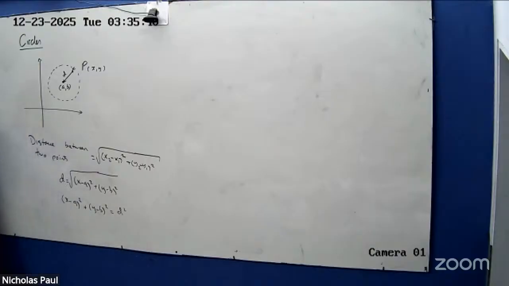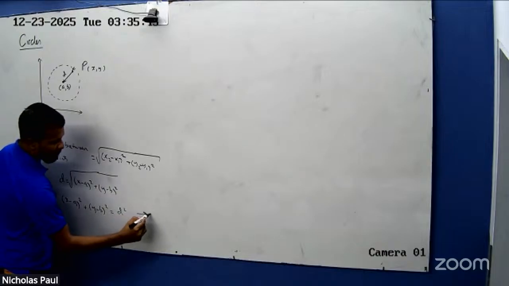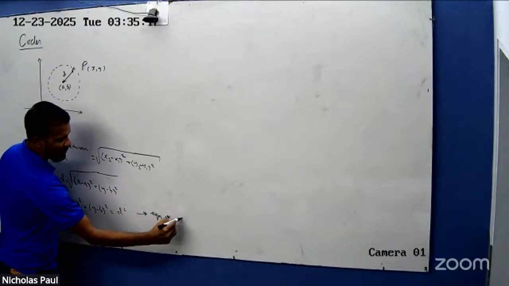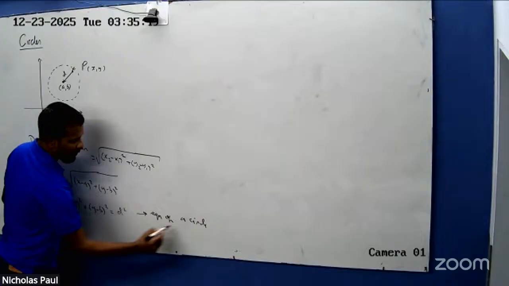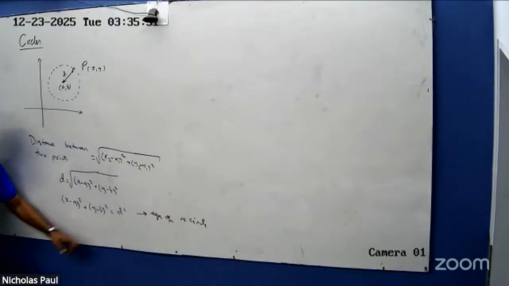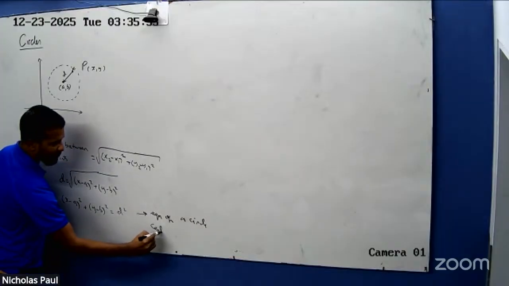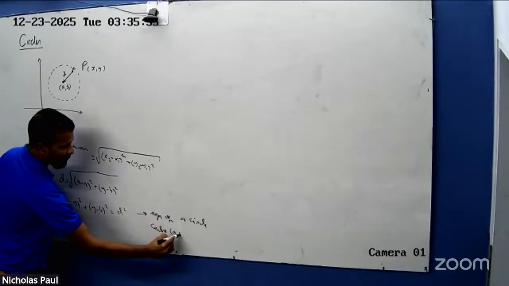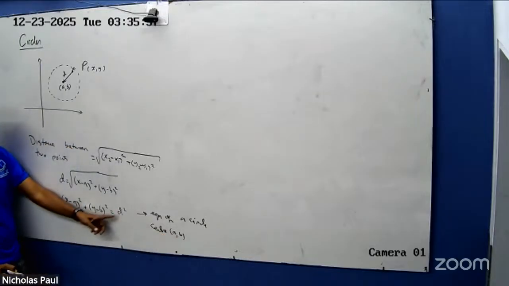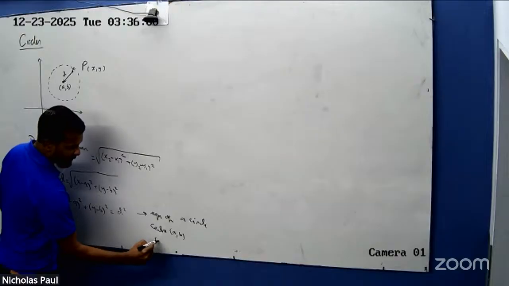What does this look like? Equation of a circle, right? This is the equation of a circle with center what? With center AB and radius. In this case, the radius is what? Radius is equal to D.